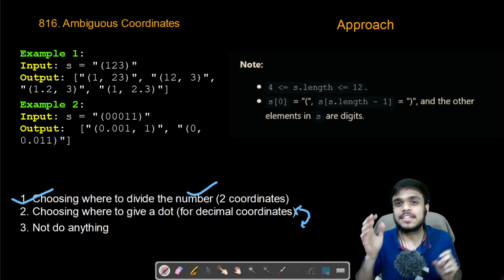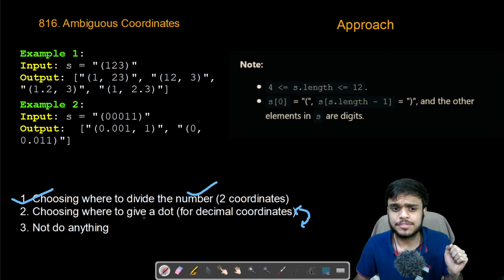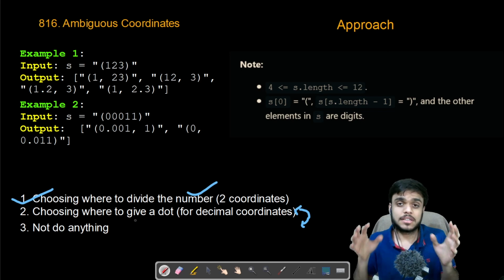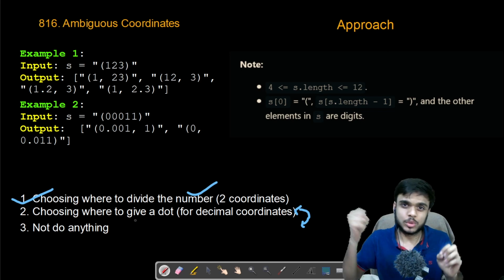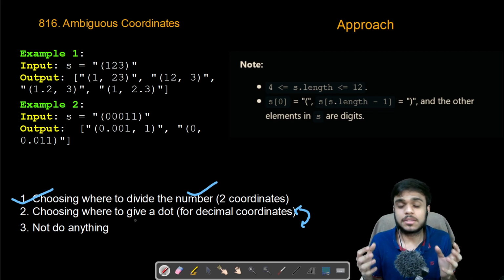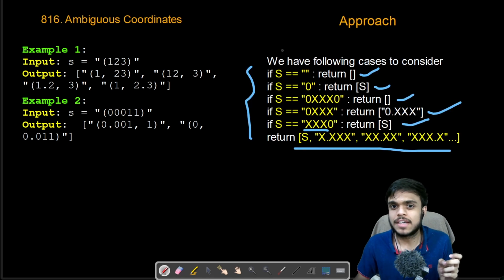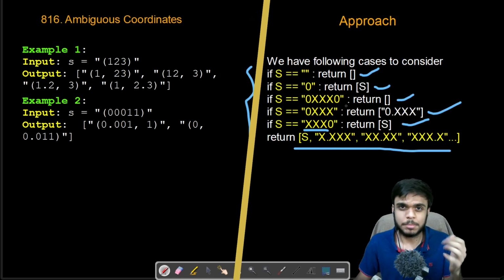For the ith index we have two coordinates, after i and before i. After that we pass the first and second coordinate to a helper function, which gives us all possibilities by placing the decimal point. Finally, we looked at some of the corner cases that can come up in the helper function.